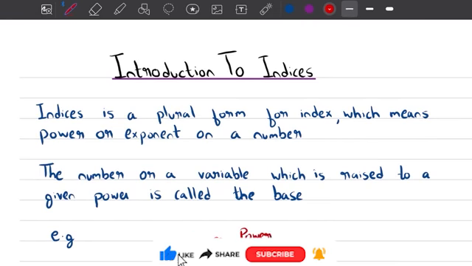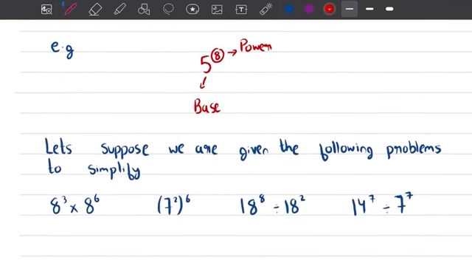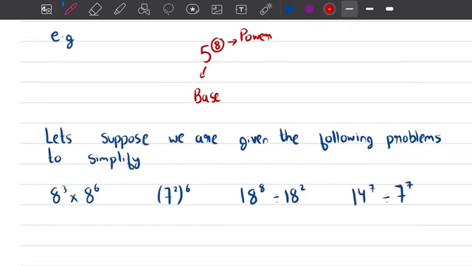Now, there are a few rules of indices which we need to know, which I'm going to tell you in the next lesson. But first, I'm going to tell you the importance of knowing those rules. If we see these types of questions and we are asked to simplify 8 cube into 8 power 6, it's very difficult to memorize.